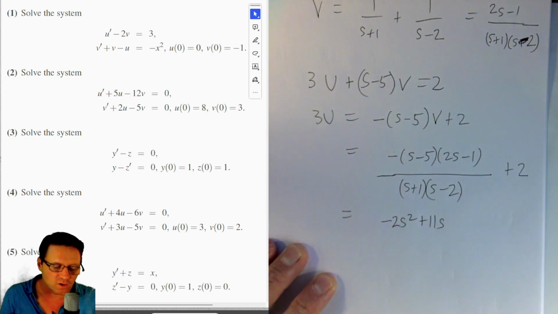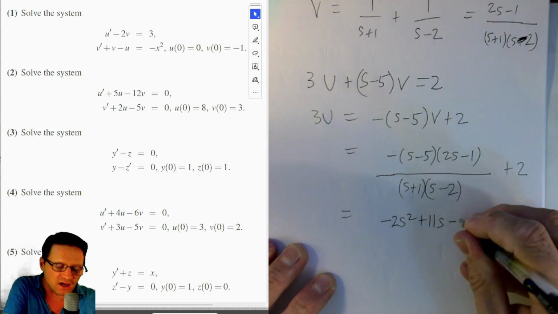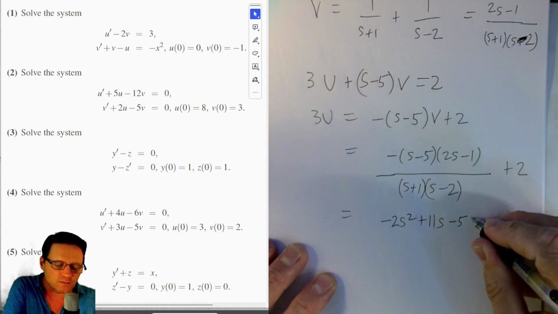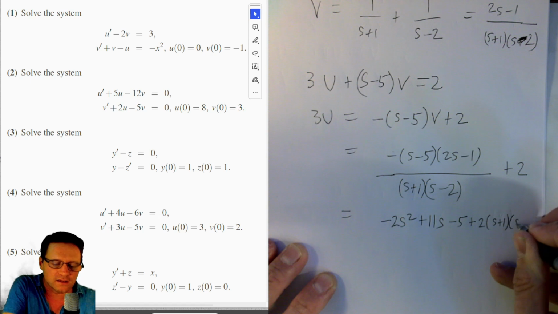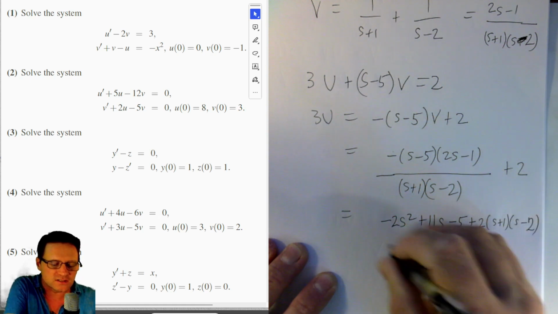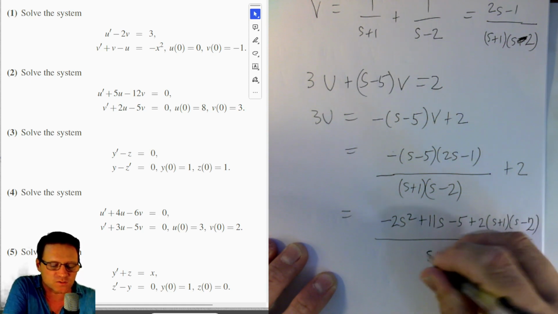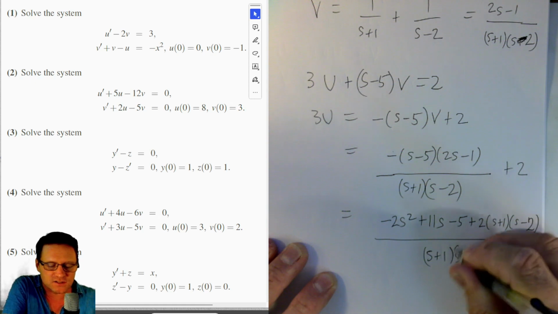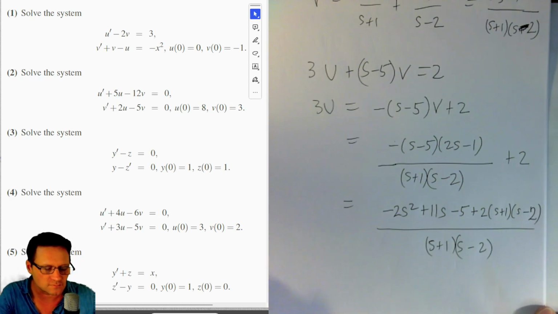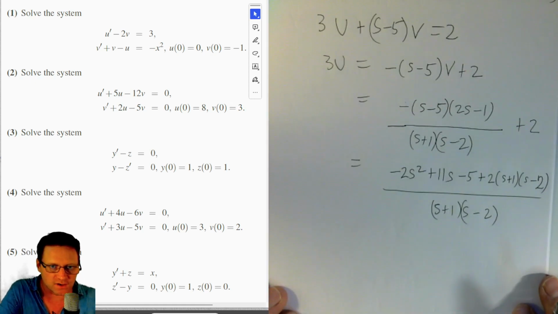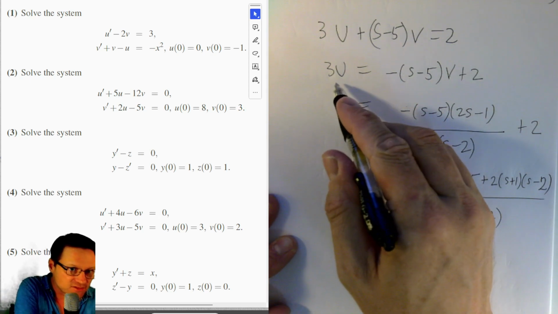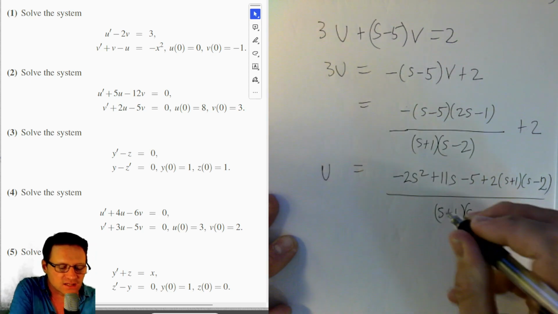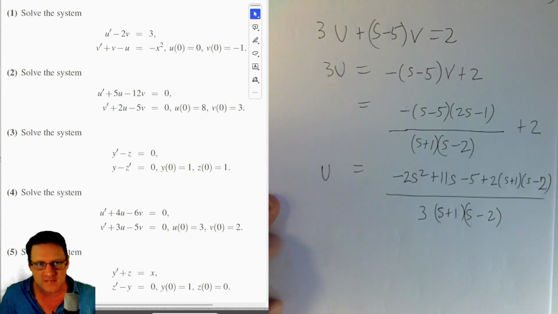Minus 5 times minus 1 is 5, and then times minus 1 out here is minus 5. Okay, then we need to add to that 2 times S plus 1, S minus 2, so that's all over S plus 1, S minus 2. Okay, continuing our expansion of the numerator. Now we can divide by 3 here as well and say U is equal to this over 3.